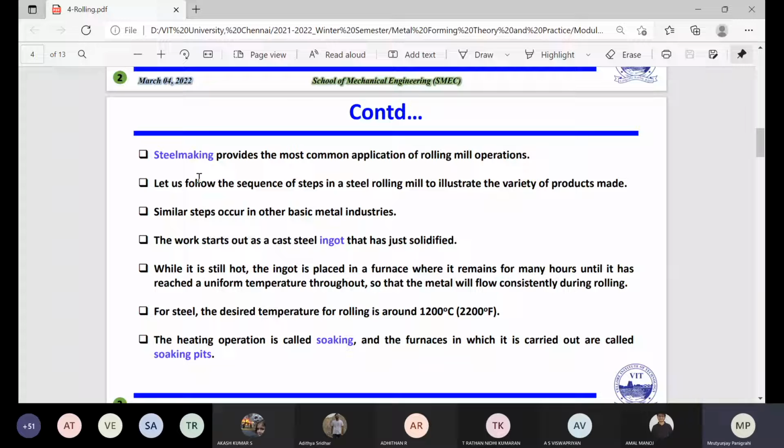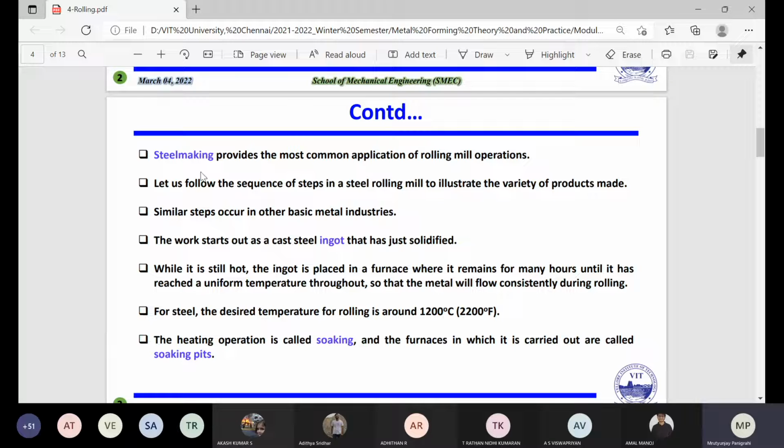Maybe you have covered this in the casting process. We put iron ore, dolomite, limestone and coke in the blast furnace. From the blast furnace we take the pig iron, and that pig iron we put again in the Bessemer process, so we are converting it to steel.